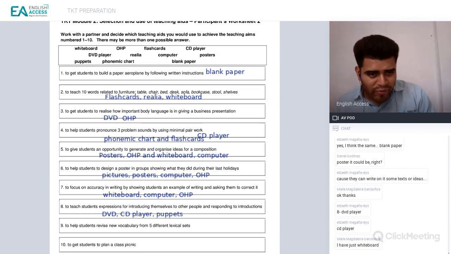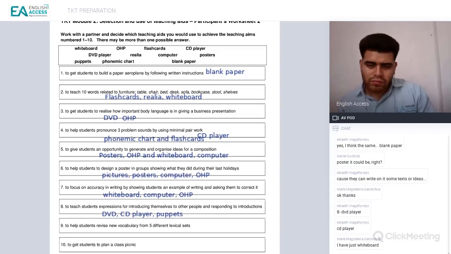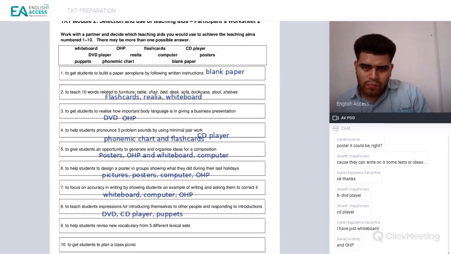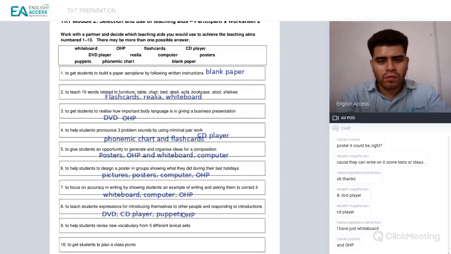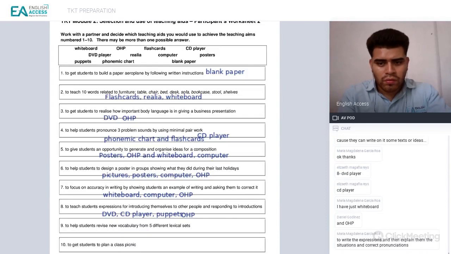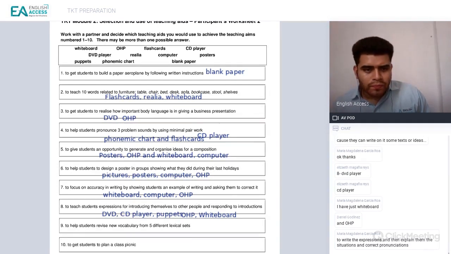For number 8, you just have whiteboard. Yes, also the OHP. All right. That's true. You can explain it to them on the board.